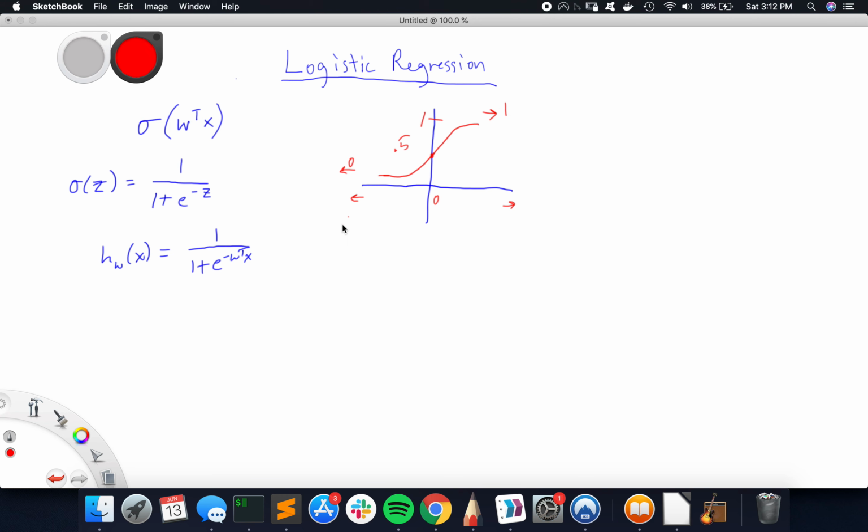So this is a limiting behavior, and basically the output, h_w of x, is going to be a number in the interval between 0 and 1.